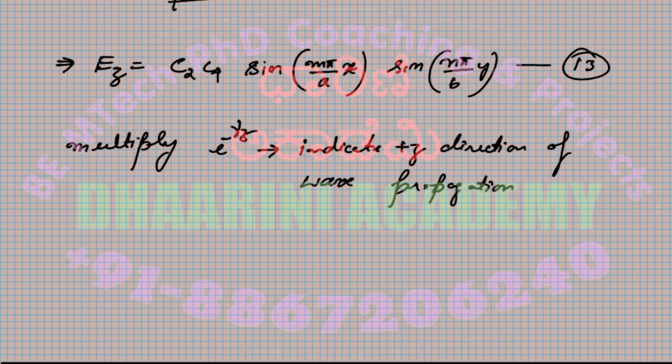Now, is it sufficient or do you need anything else? If I simply multiply the above equation by e to the minus gamma z, is my equation complete or not? The hint to answer this question is to recall the wave propagation chapter in electromagnetic waves. There also we did the same thing, whenever we tried to solve the wave equation, we had a general wave equation.